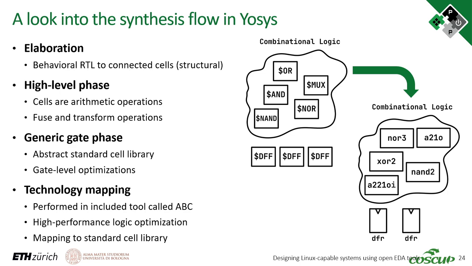And then the last step is performed in an included tool called ABC, and here the generic gates are mapped to actual standard gates used in your technology. And in the same step, it also performs a lot of high-performance, leading-edge optimizations on this representation.